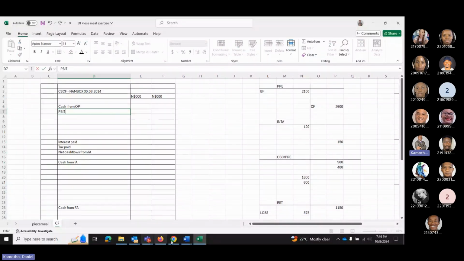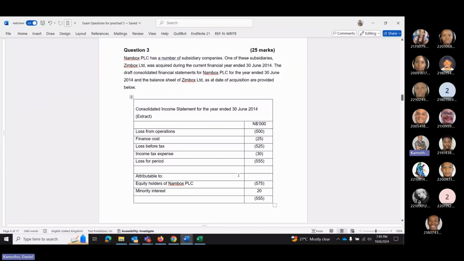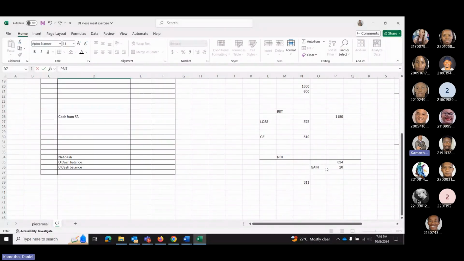Then we go to our statement of profit and loss and see how much is the profit before interest and tax. So if we start here, income tax expense will be shown separately, that is not a problem, but we are saying there are taxes of 30, so we can also post that 30 under tax. Your tax payable will increase by 30.